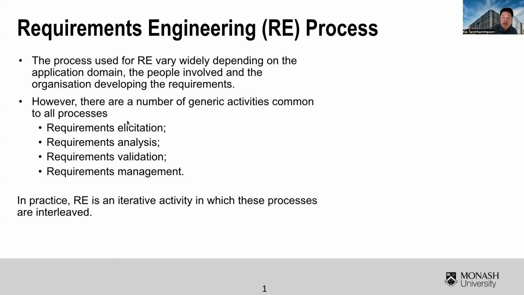The first one is requirement elicitation. Basically, we need to gather the requirement. Once we get the requirement, we need to analyze them. Let's say we want a mobile application that should have that kind of feature. Then we need to analyze what are the functional requirements and what are the non-functional requirements.